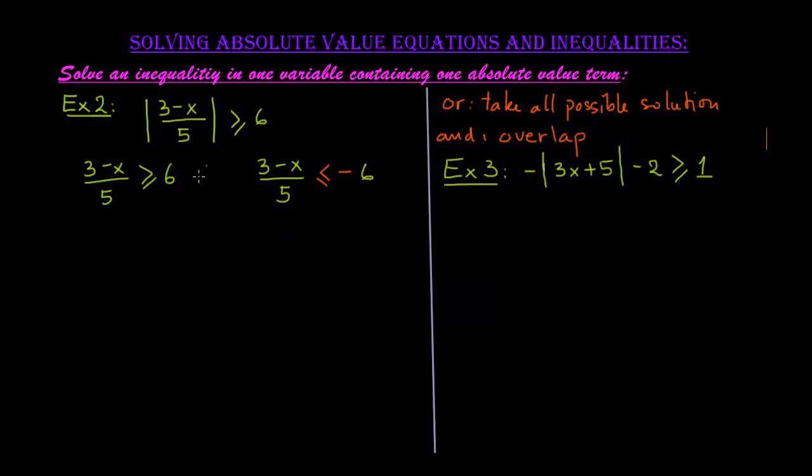The question is, which letter should we use to connect these inequalities? As we just learned in the tip before, A stands for AND and O stands for OR, and in the alphabet A comes before O. Then my next step is to put the inequality sign between them, greater than or equal to 6.